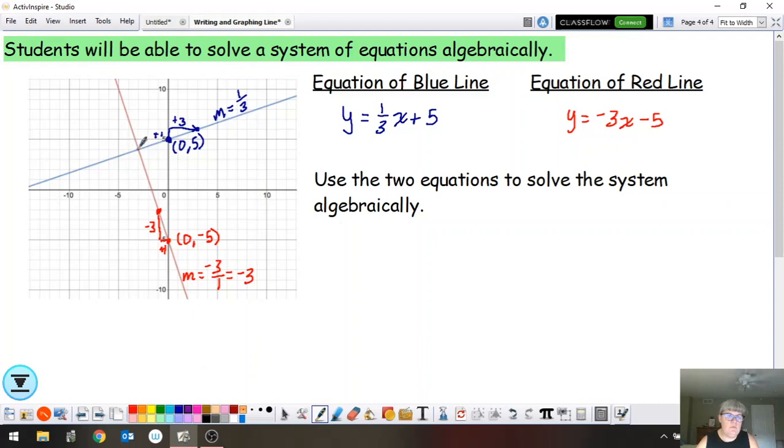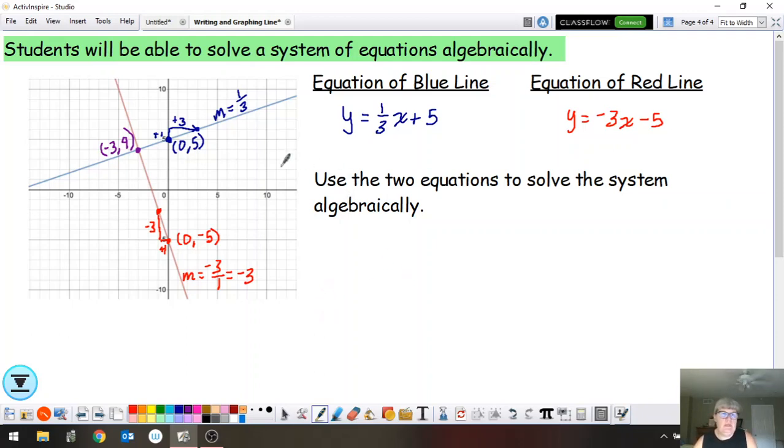This point where they intersect is considered a solution to the two lines because it's a common point to both lines. So for this system, it is at (-3, 4). So we want to see if we get (-3, 4) when we solve it.